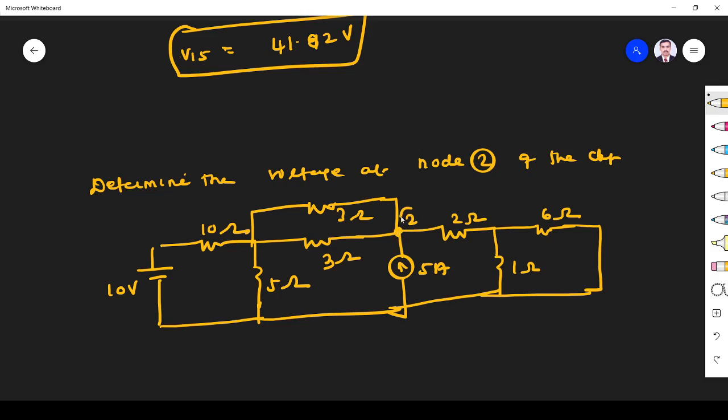This is node 2. Here only we have to find. Let us assume this is node 1, right? So we have to find.